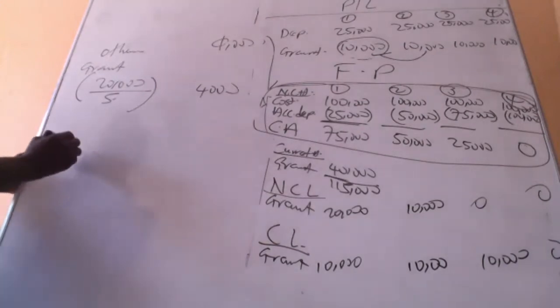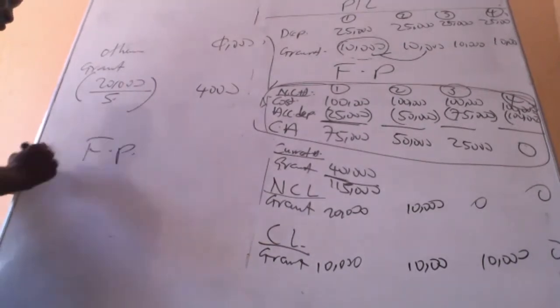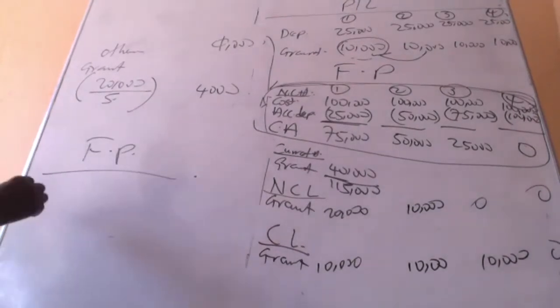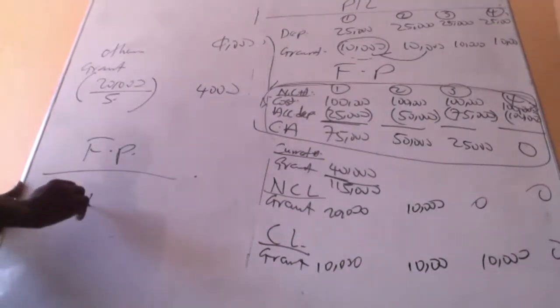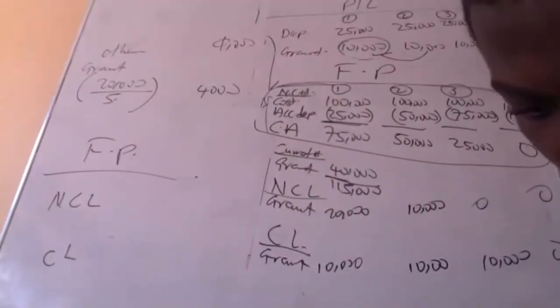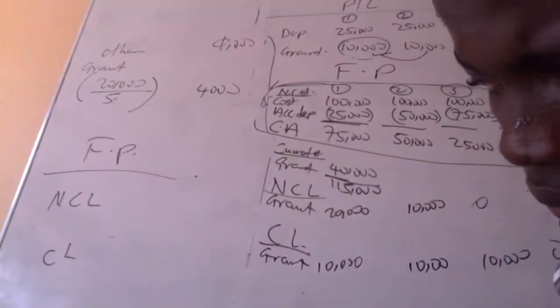You go to your financial position. When you go to the non-current liability and current liability sections, the entire grant received is 20 million.